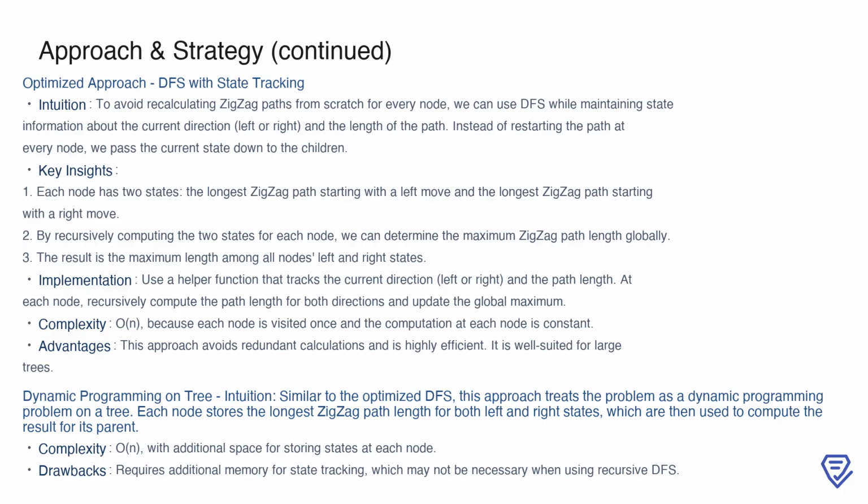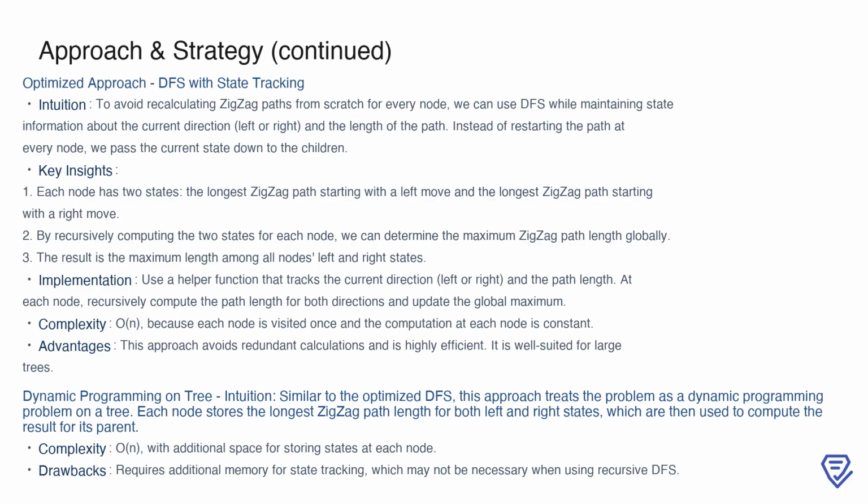The recursive helper function calculates the path lengths for both directions and updates a global maximum as it progresses. This reduces the time complexity to n, as each node is visited exactly once, and the work done at each node is constant. Additionally, this approach is highly efficient for large trees since it eliminates redundant computations.